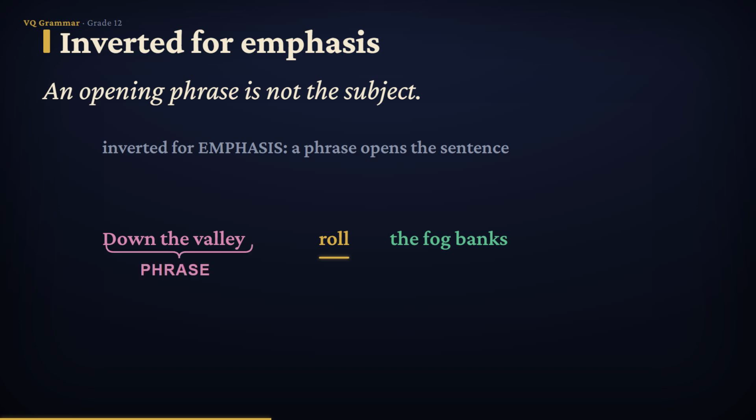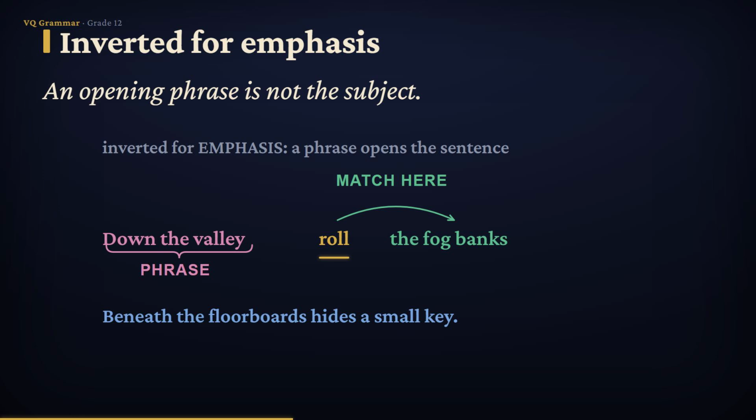The opening phrase, down the valley, looks like it could be the subject, yet a phrase like that never is. Push past it to the real subject, fog banks, which is plural, so the verb is the plural, roll. One more. Beneath the floorboards hides a small key. The subject there is key, which is singular, so the verb is the singular hides.